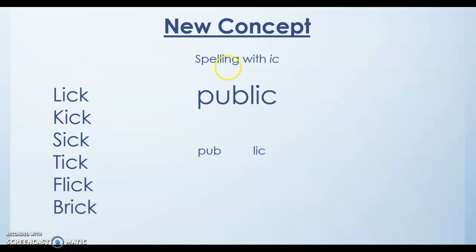But just get used to it: when you see a word that has more than one syllable but ends in that IC sound, you don't put a K with it. Like, for example, here's another one. How about fabric? Two syllables, so you have to push air out twice. Fabric. Fabric. So we end it with the IC instead of the ICK because there's more than one syllable in fabric.